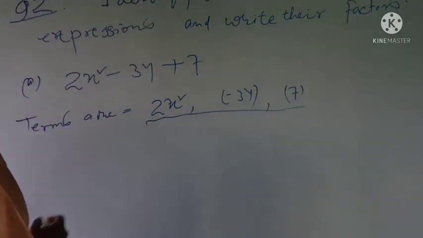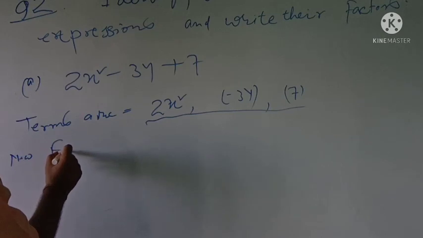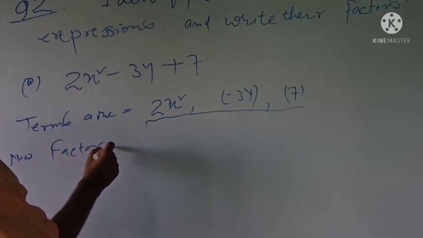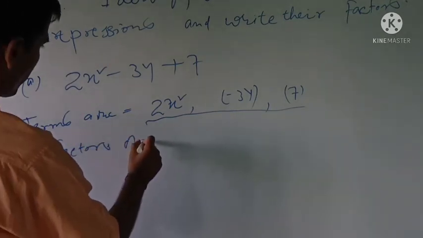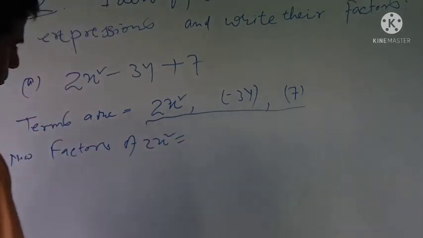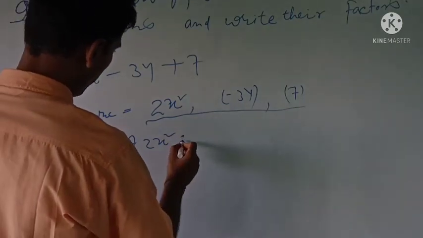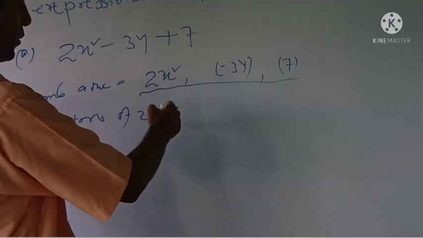And factors. Now, factors of twice x squared, the first term.